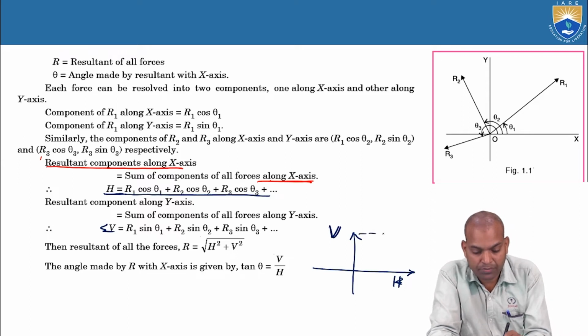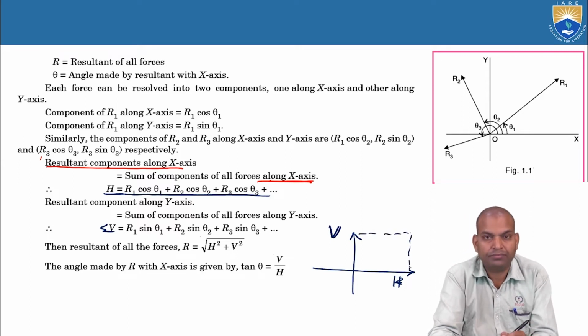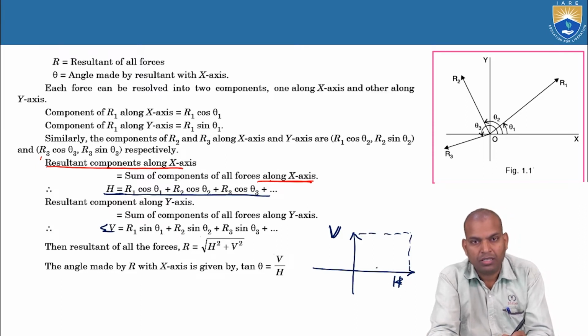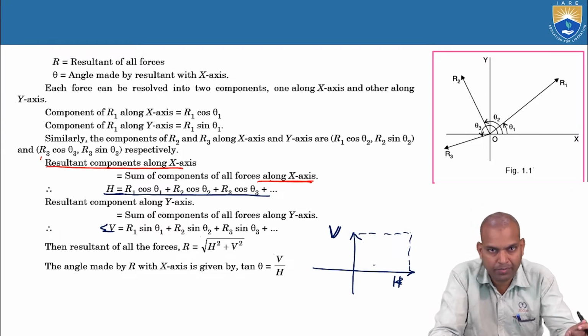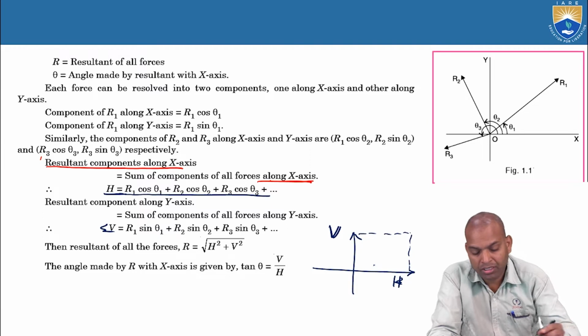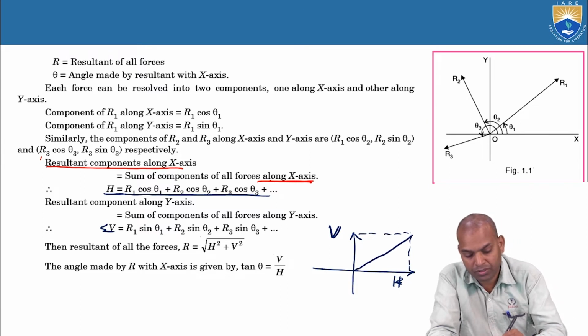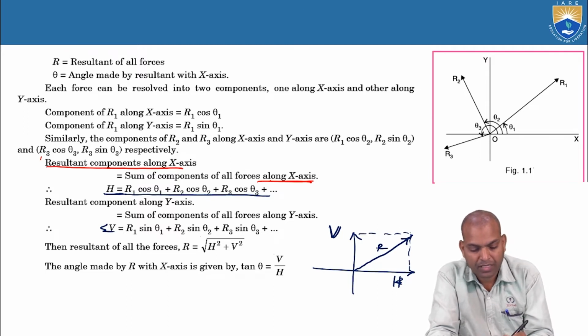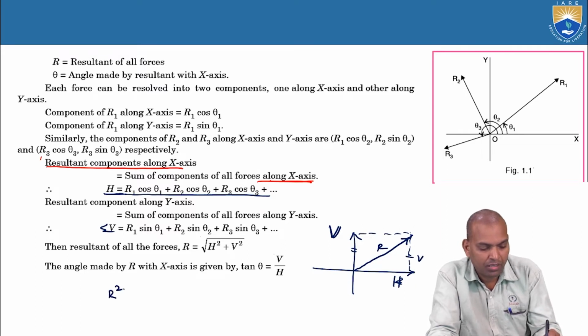What is the resultant? By using the Parallelogram Law, these two sides h and v represent both the magnitude and direction of the two sides of a parallelogram. The diagonal represents the resultant of the two forces, that is R. So by Pythagoras theorem, R square equal to h square plus v square.